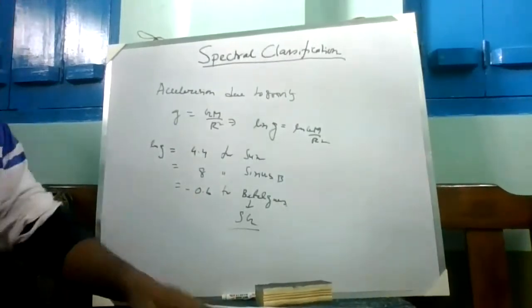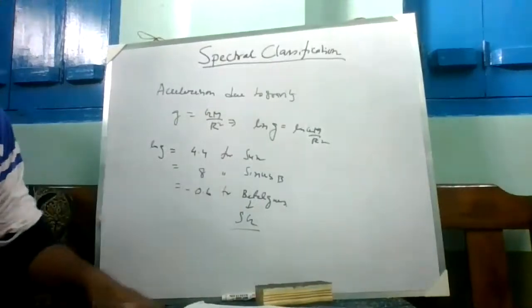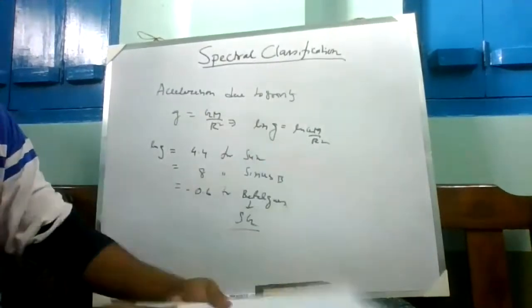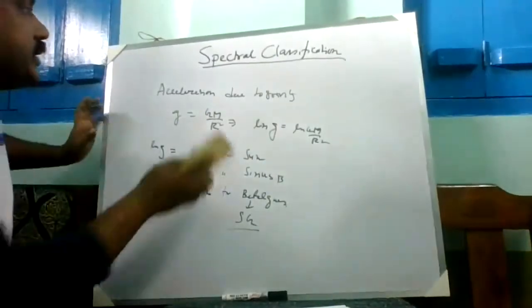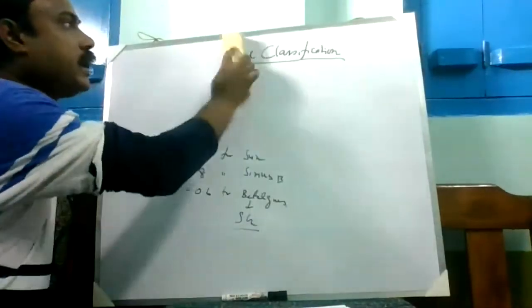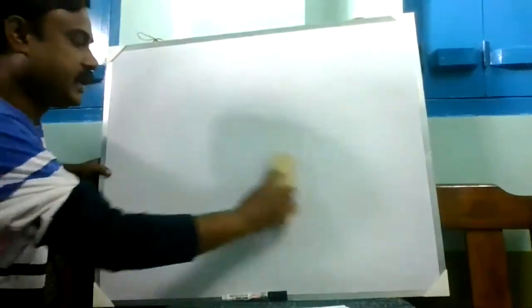Next, we'll move on to the Hertzsprung-Russell diagram. This is very important in astronomy and astrophysics. HR diagram.